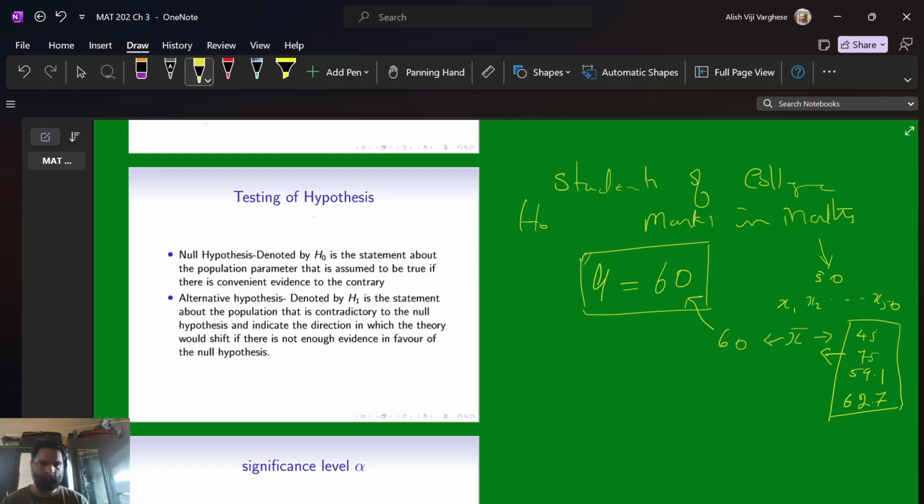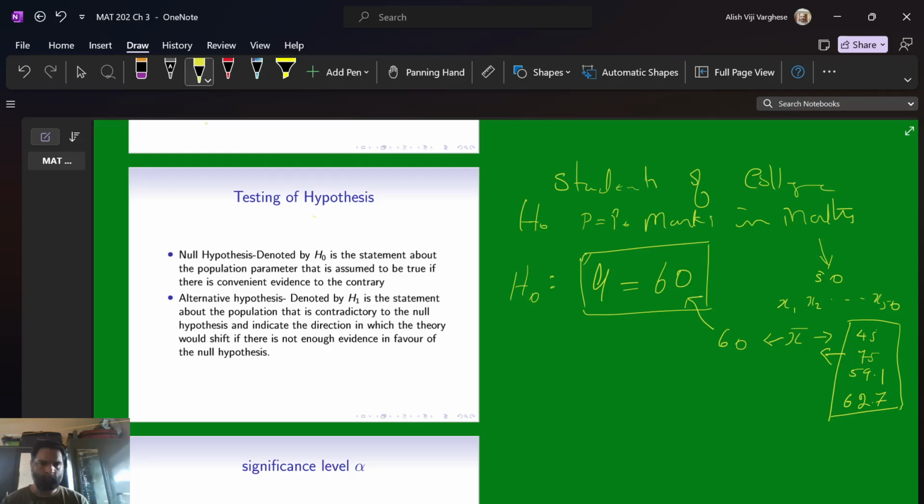So if I have a statement like mu is equal to 60, that's our null hypothesis. Usually in practice, the null hypothesis is taken in equality form: mu is equal to 60, or the standard deviation is equal to 1.5, or the proportion of success is equal to something, like P is equal to P naught.